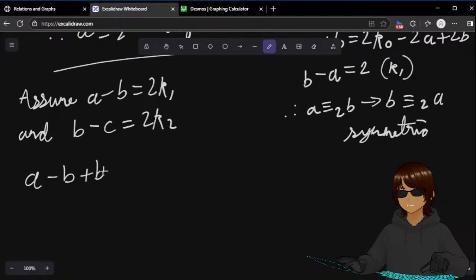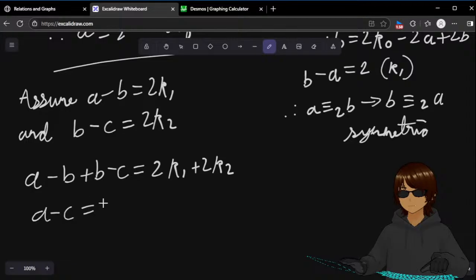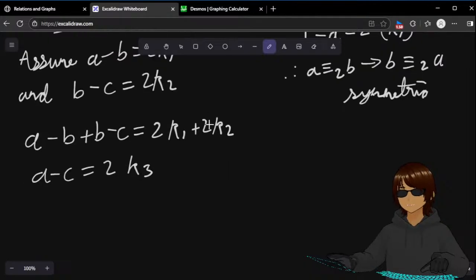A minus B plus B minus C is equal to 2k1 plus 2k2. Okay, we take the 2 out and k1 plus k2 becomes k3.